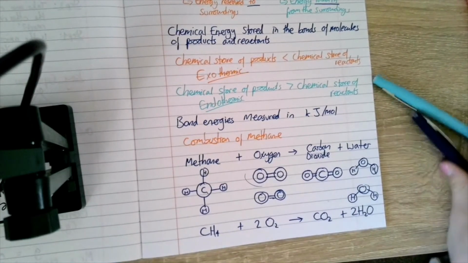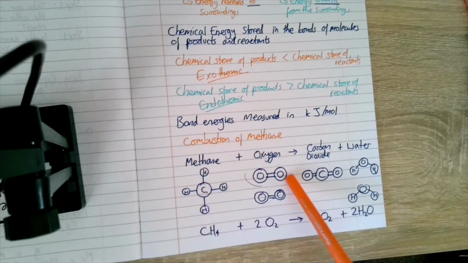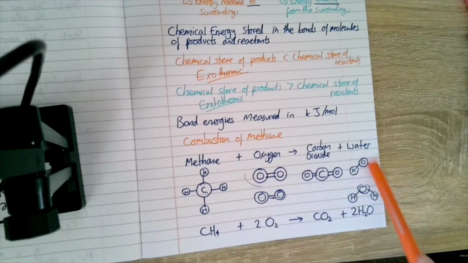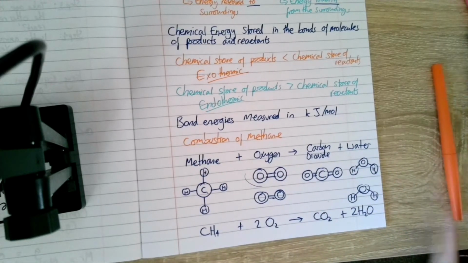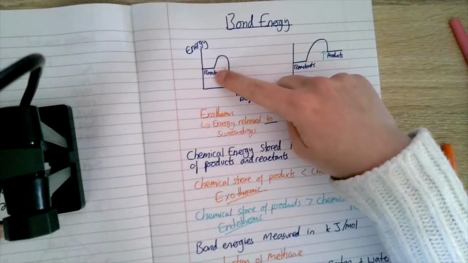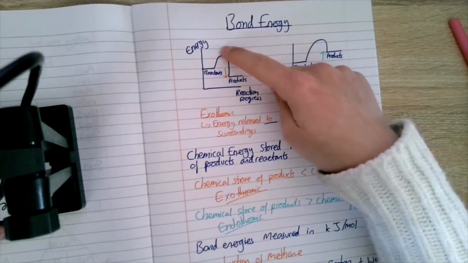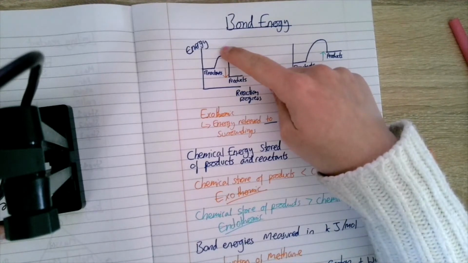So when we're talking about reactions, what we're talking about is bonds breaking in our reactants and bonds forming in our products. In order to break bonds, we're going to have to put energy in, as that's what causes that upwards part of our reaction profile, as we have to break those reactants' bonds.